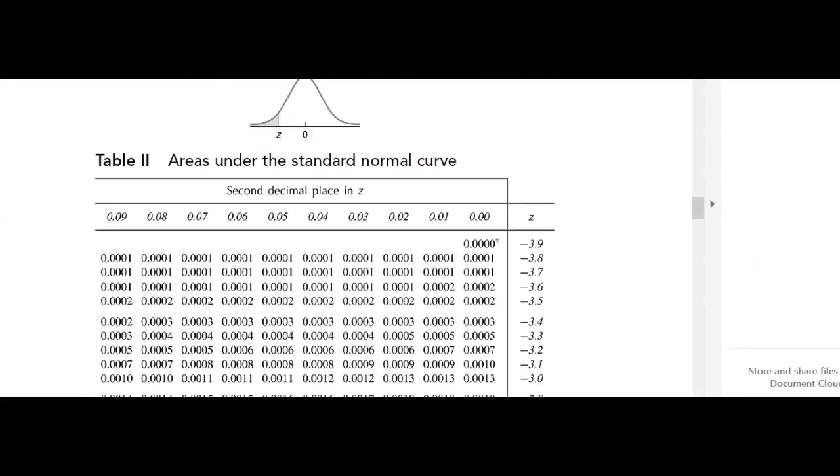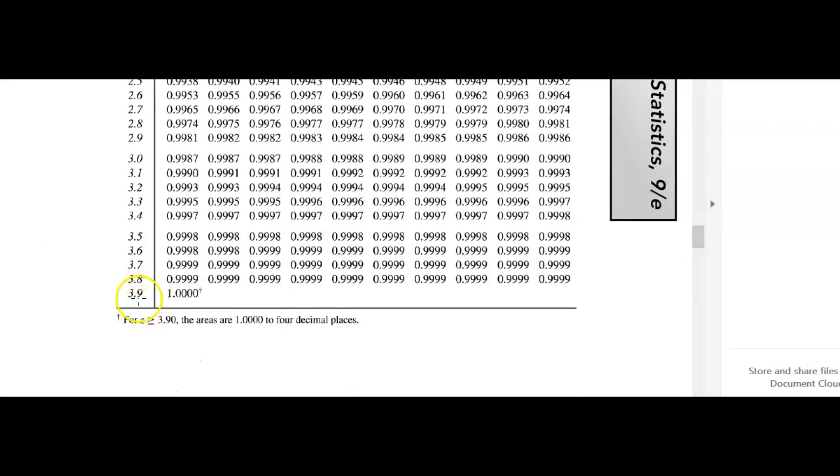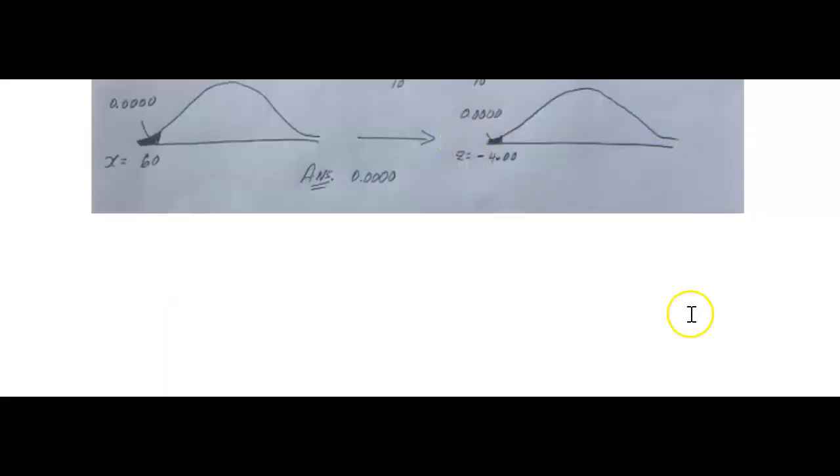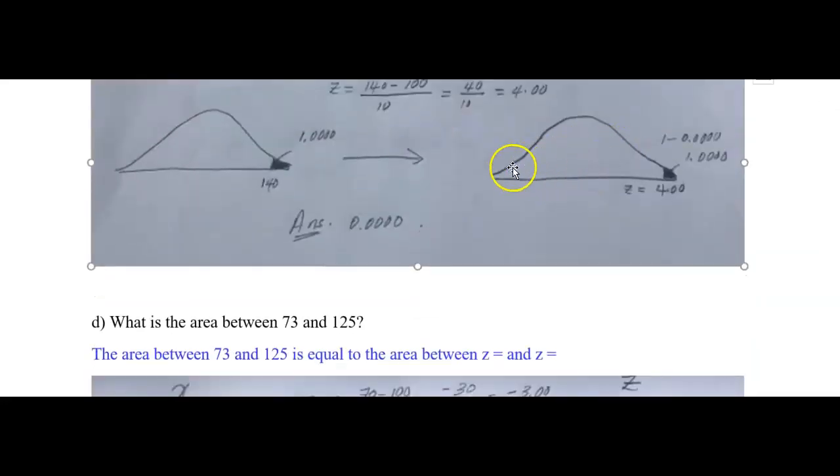In fact, let me show you in the table. The area on the left side of positive 3.90 is 1. They have the whole thing here. Remember, the whole thing is 1. To the left of 3.9, the unshaded region, that is already 1.